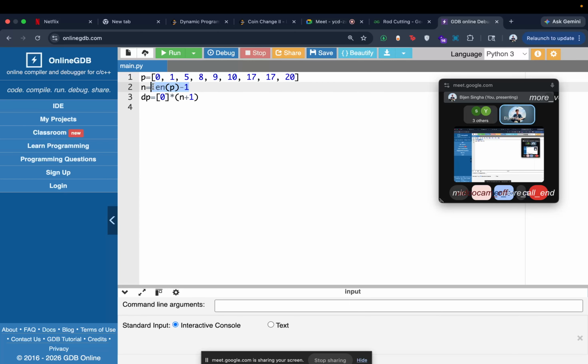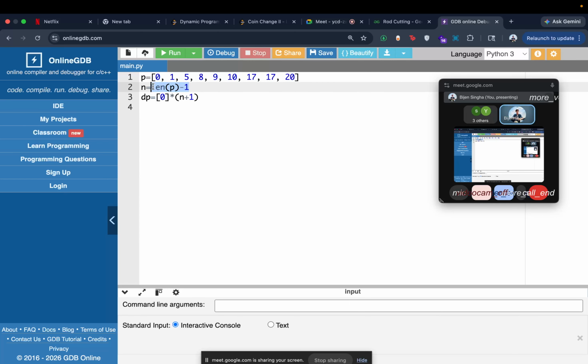Okay, no issue. Now what I'll do, I'll run a for loop. For I means it is not I, it is what I have taken length. For L in range, where to where? 1 to 8 I was running, right?